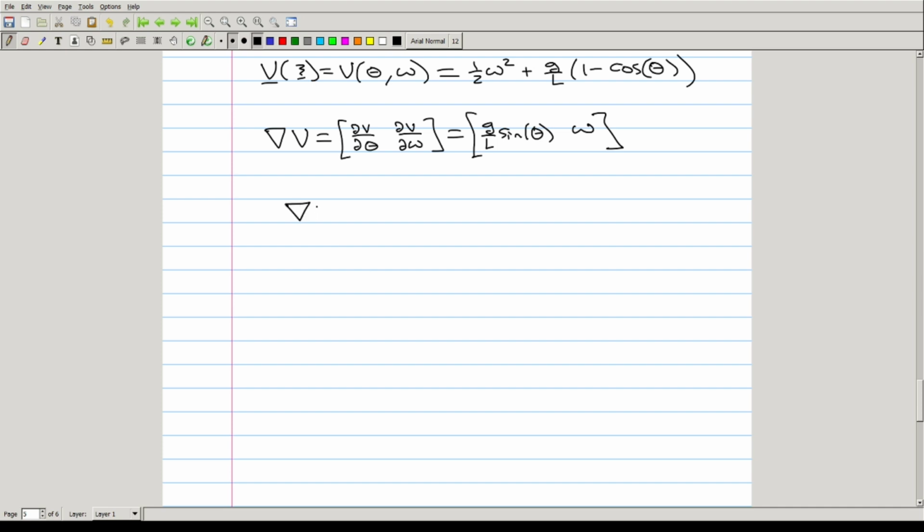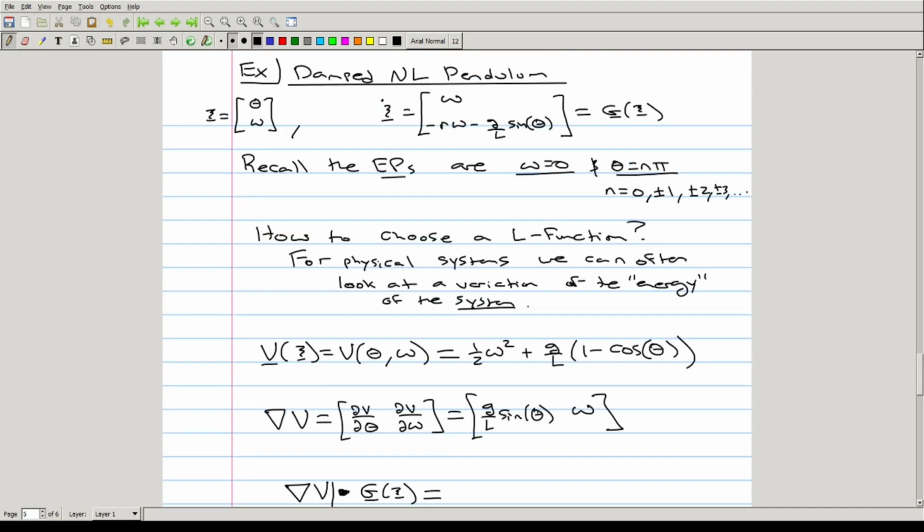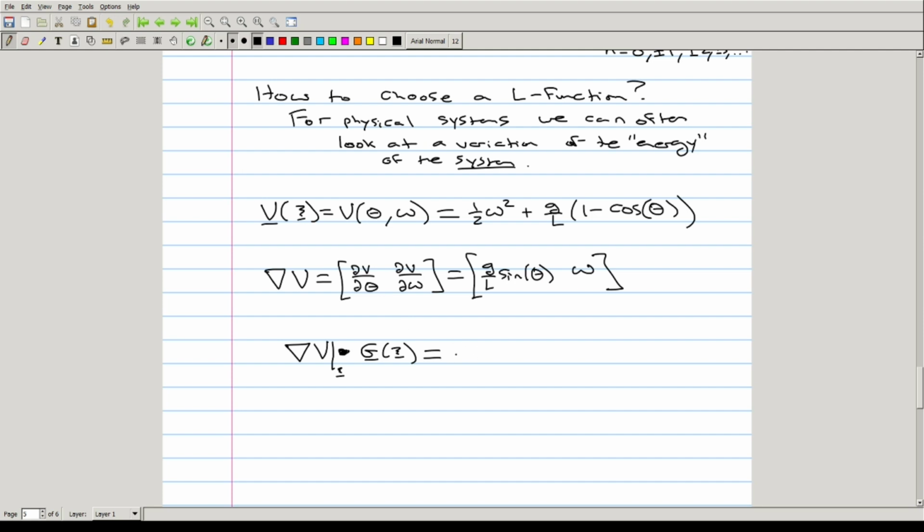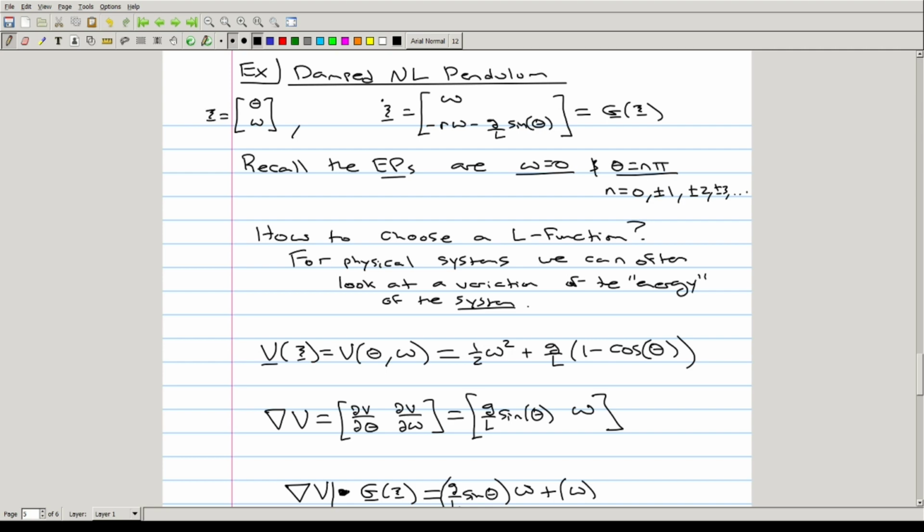So the gradient of v dotted with xi prime, which is g of xi, is going to be equal to this times this plus omega times this times this.